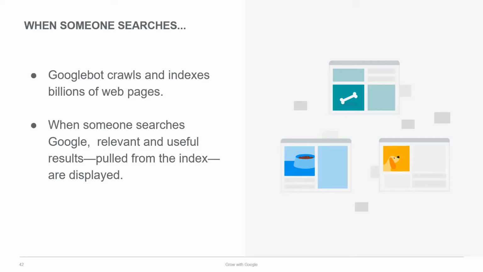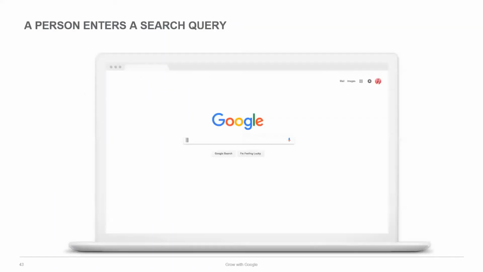Other signals include the age of the content on the websites, its relevance to the query, and whether the page provides a good user experience, and a lot more. So after identifying the best set of results from information stored in the index, Google presents the results to the searcher. And all of this happens in just a fraction of a second.